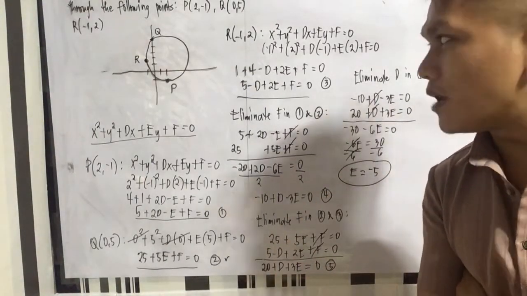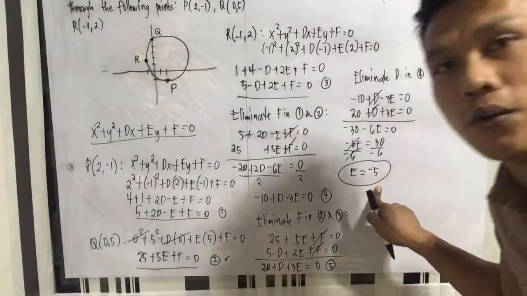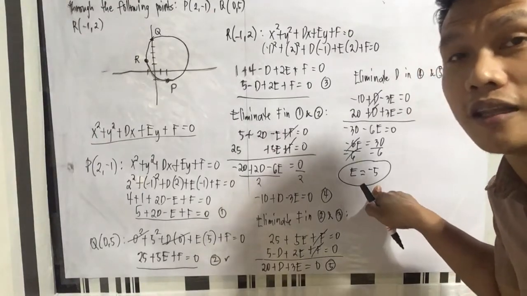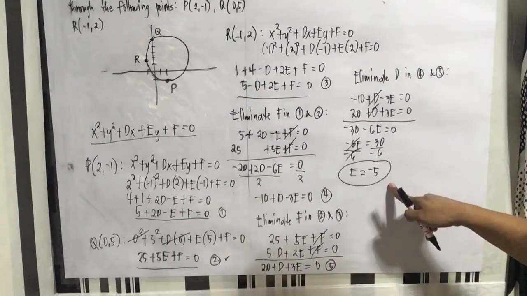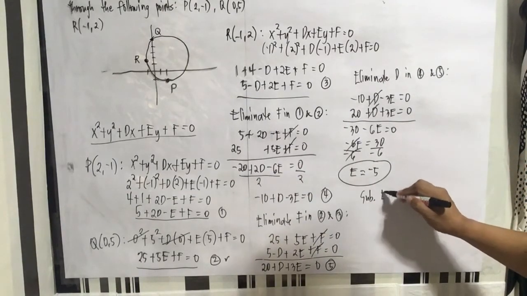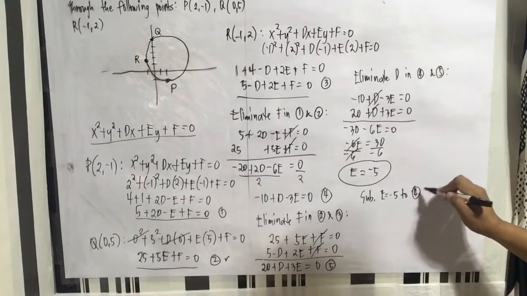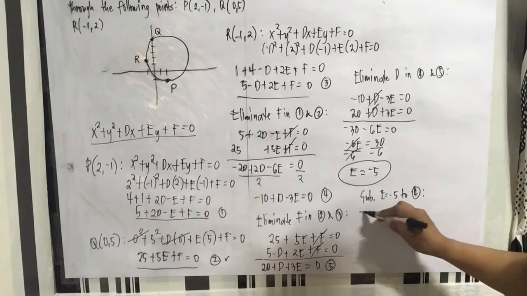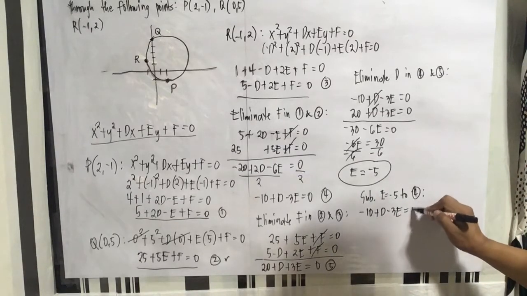To find the value of d, e, and f, we substitute the value of e in either equation 4 or equation 5. So in equation 4, substitute e equals negative 5. Our equation 4 is negative 10 plus d minus 3e equals 0.